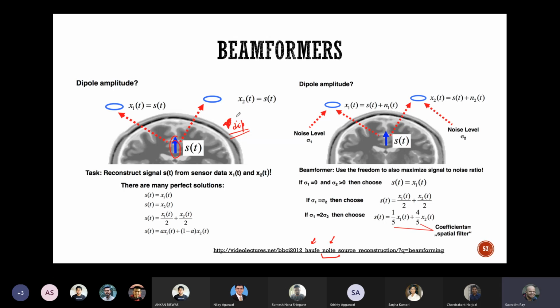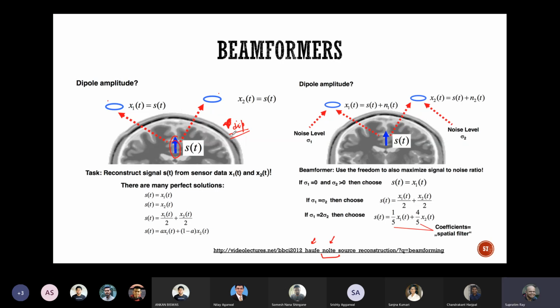Now think about this in the inverse way. This is just to give an intuitive idea. So suppose you've got a source here, S, and you've got two sensors, X1 and X2. And I say that let me find some linear combination of my sensors which gives me a good estimate of the source at this location.